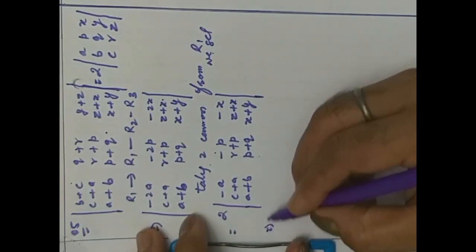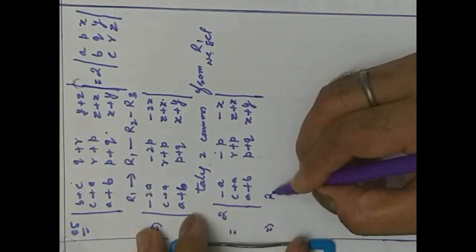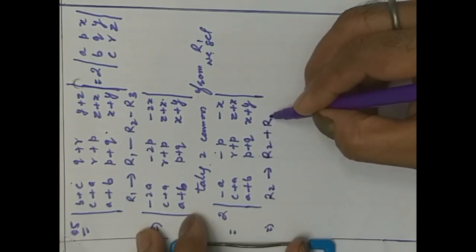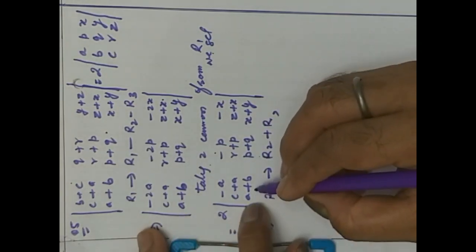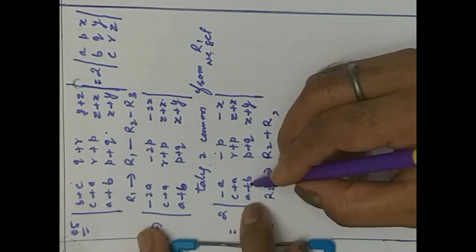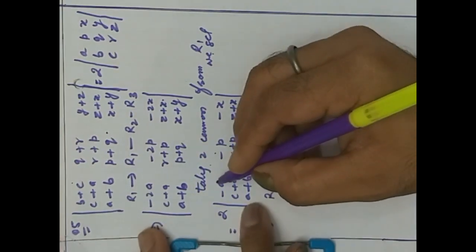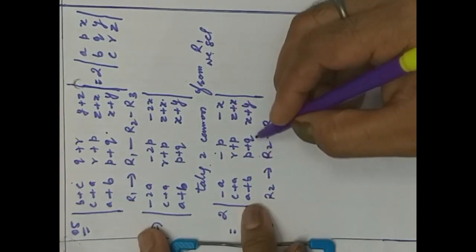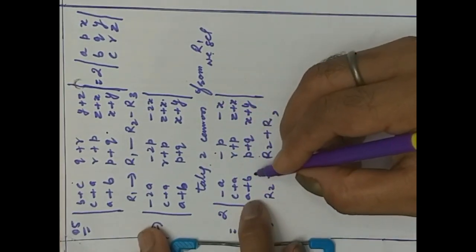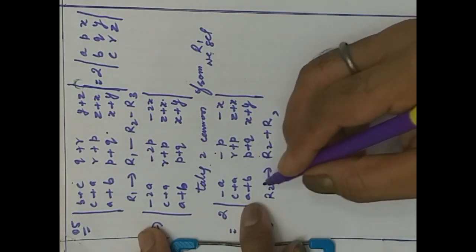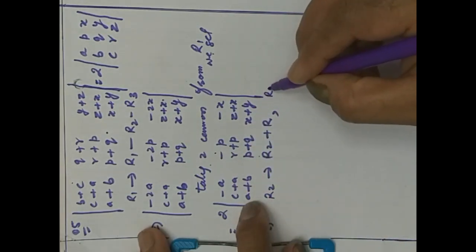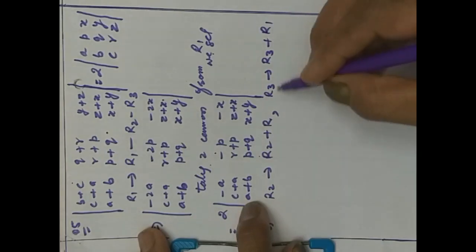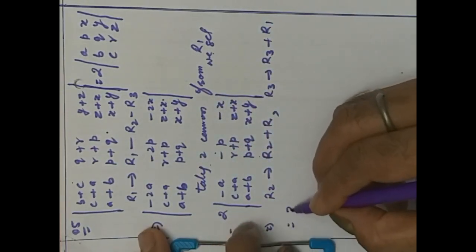So R2 will change with the help of R2 plus R1, and similarly for R3. If we add R1 into R3, then A cancels, P cancels, X cancels, so there also B, Q, Y will come. So R3 also changes with the help of R3 plus R1. We apply these two operations together.